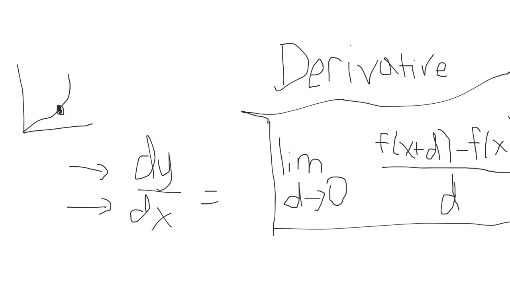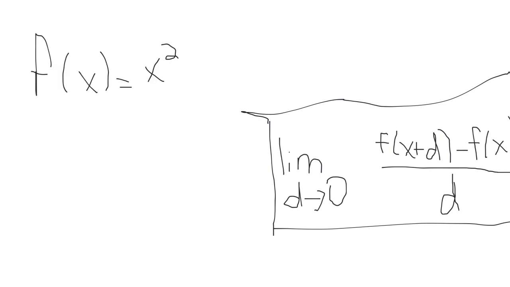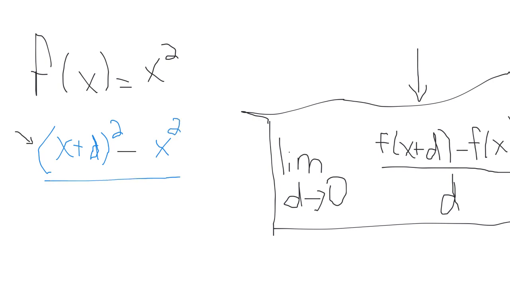Let's say f of x equals x squared. Let's do a quick example. We're plugging x plus d into f, so the first part is x plus d squared, minus x squared, since I'm plugging x into x squared, all over d.